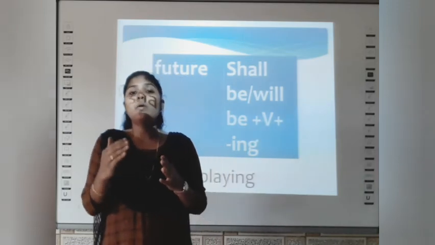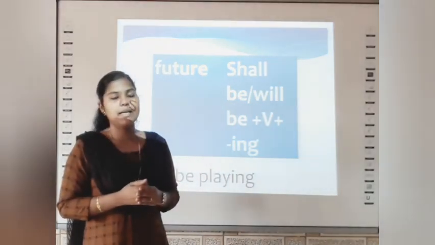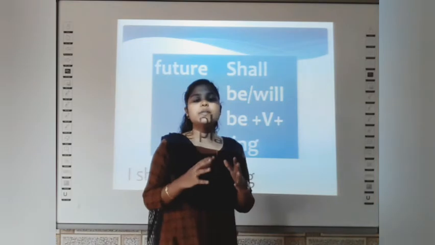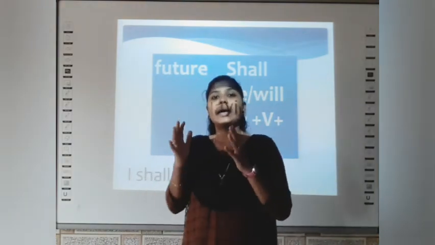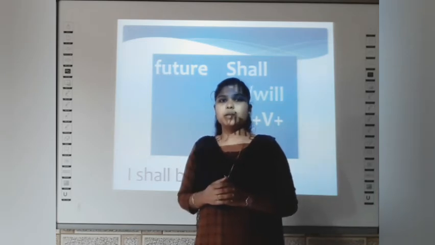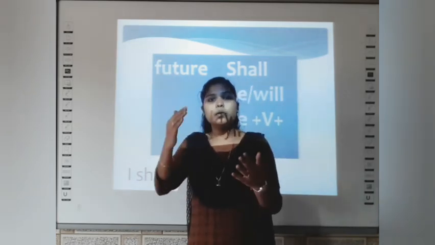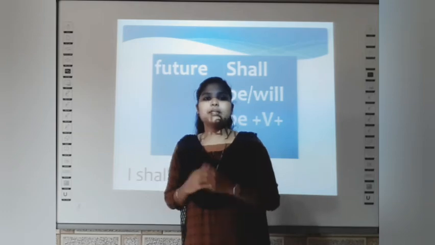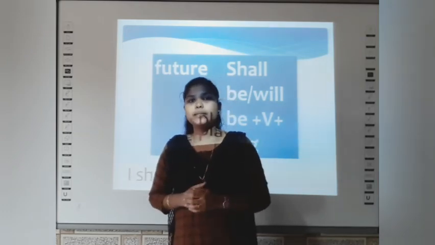What I am trying to say here is an event or an action which will be happening in the future. In the future it will be a continuous process. That's why I told this.